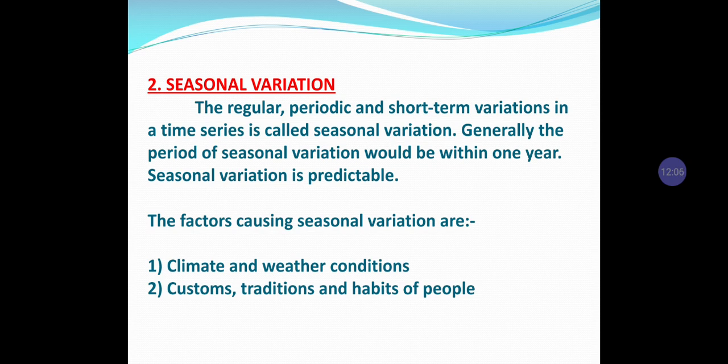During Easter they fast for 48 days, and then Christmas and New Year. Muslim people also have two festivals, Ramzan and Eid. How they do the rituals on these festivals varies from Hindu to Muslim to Christian. So this also can be measured as seasonal variation.